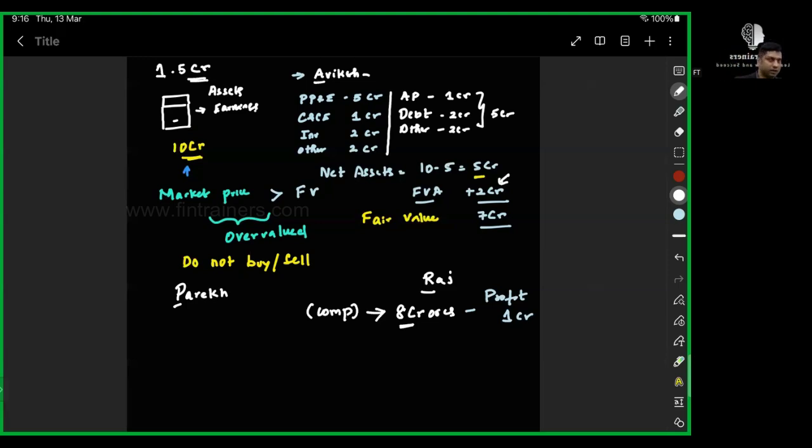The business you are targeting is making a profit of 1.5 crores. So how much will you pay for this if both are the same kind of business, everything is similar? 12 crores, right? Because if 1 crore is giving you a valuation of 8, 1.5 will give you a valuation of 12 crore, just cross multiplication. So this is called a multiple approach or relative valuation.